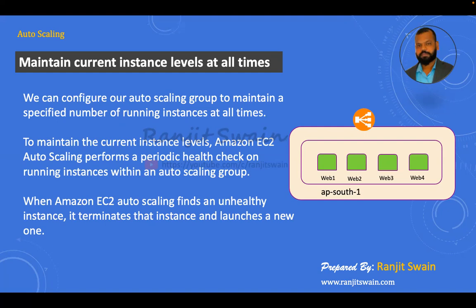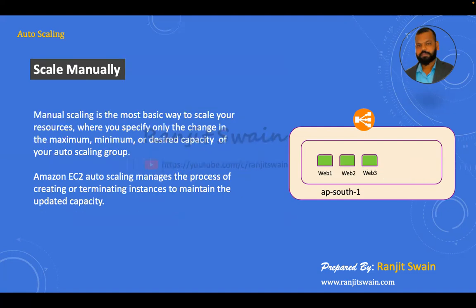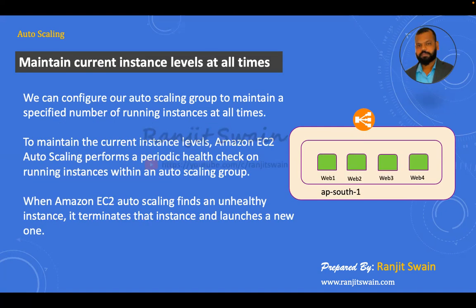Means if you have 4 and one of the servers goes down, it will automatically create another server instead of that. So it will maintain 4 instances all the time. Or if you have set up 5 or 10 or 1 or 2, whatever it is, you always have to maintain that level.